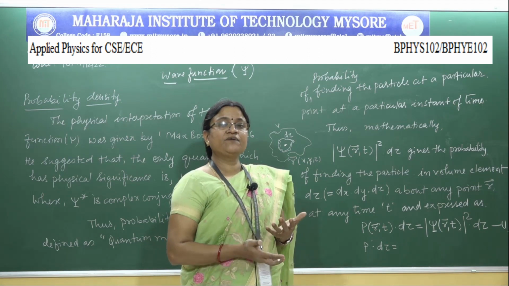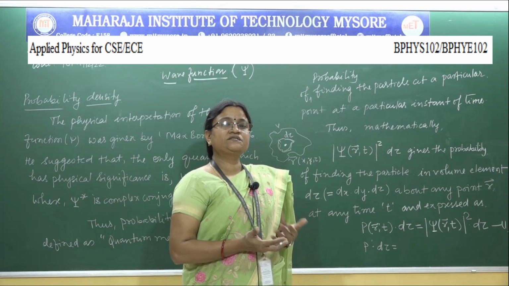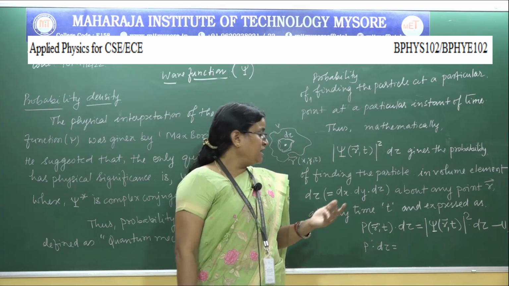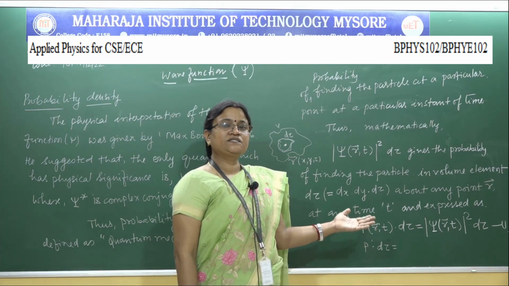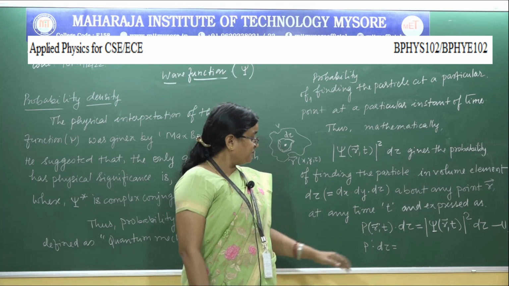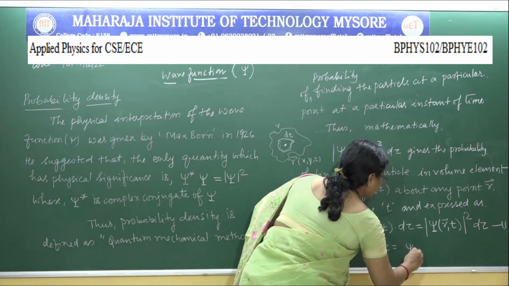If it is one dimensional, it is x, y or z. If it is two dimensional, then xy, yz, zx. And if it is three dimensional, then we take the x, y and z directions. So, p d tau is equal to psi square d tau.